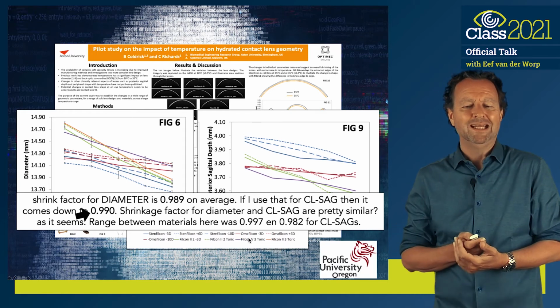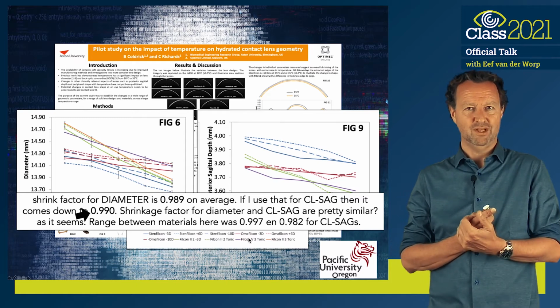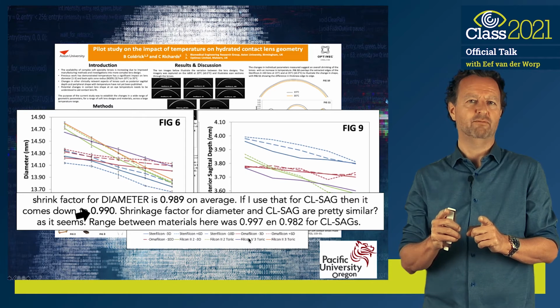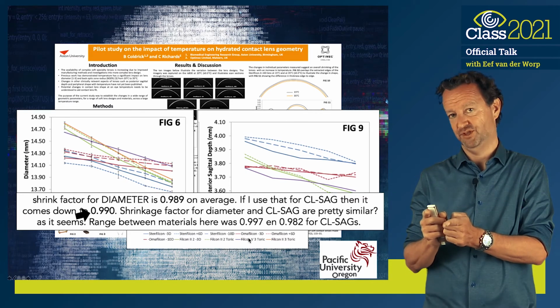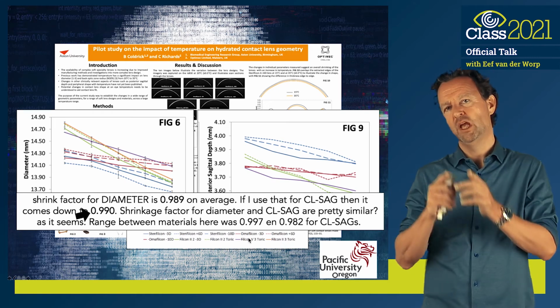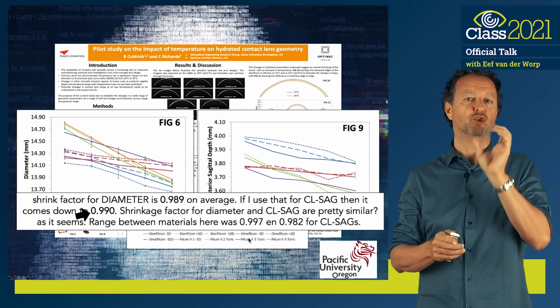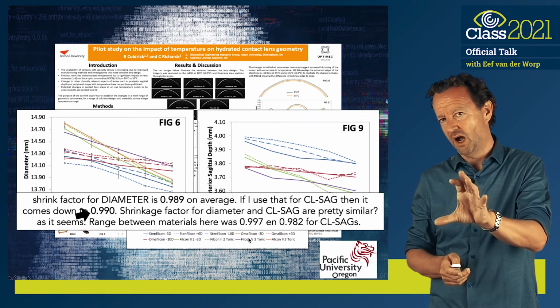All in all, it looks like there is such a thing as a shrink factor, and we have to take that into account. So probably a better way of doing things is to actually measure at 34 degrees Celsius, and that's exactly what we're doing with the new lenses that we're measuring, because those will give you the true sagittal height of the lens as it appears on the eye.